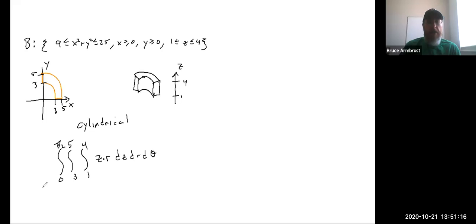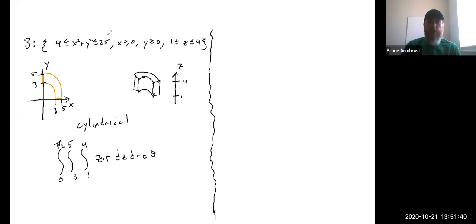All right, and there you go. So this one's going to be super fast. Since the bounds are all numbers, you'll be able to integrate this like nothing. But that doesn't help when you have a different kind of shape.